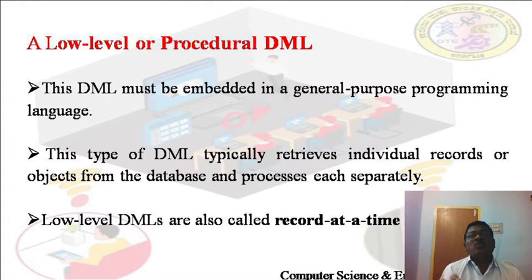Within that loop they will fetch one record and process it. Then it will go for another record. So this is how we are fetching one record and processing separately. That is why we are calling this DML record at a time. One record at a time, not set.